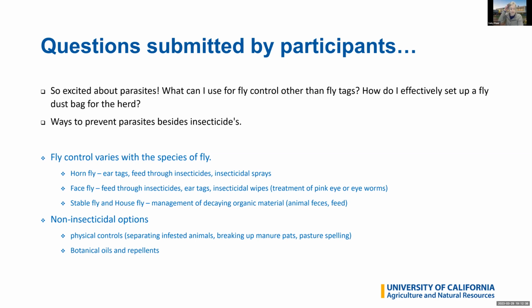Sure. Yes, in general, always check the label, regardless of what you're using. For the feed-through, I can't really think of a way that would interfere with a pregnancy, because it is designed to go through the cow. It's not supposed to act within the cow or kill parasites within the cow.